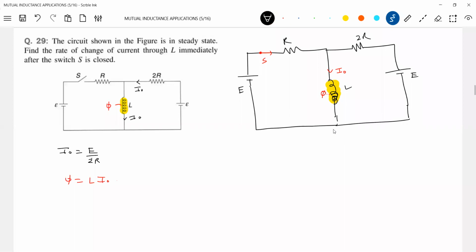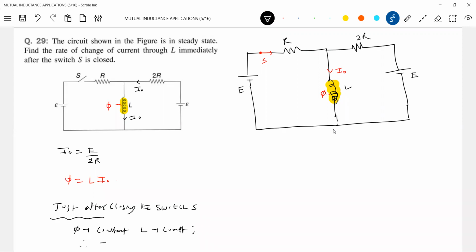The reason for that: just after closing the switch, just afterward, not after a long time, flux is constant, L is constant, and we know flux equals L into I naught.